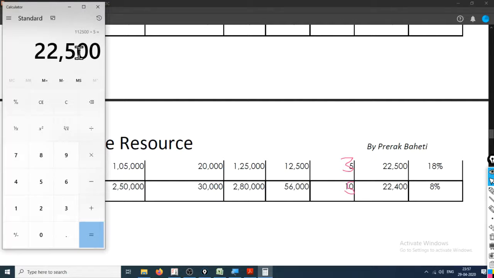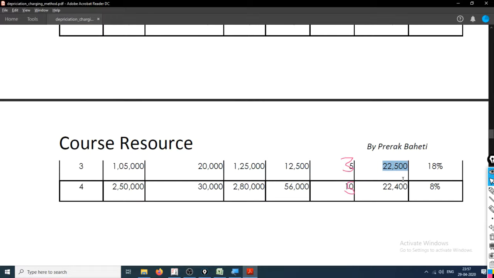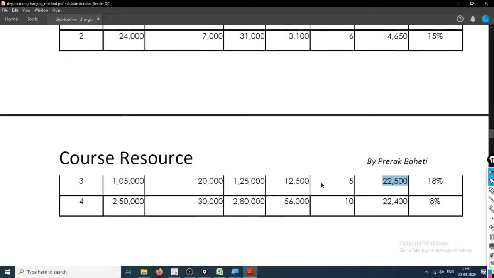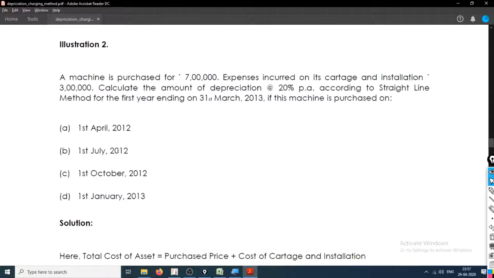Enter, 22,500 is the depreciation right here, divided by 1,25,000 into 100 to arrive at the percentage, hence 18%. The next one you can calculate for yourself, and this is your assignment.